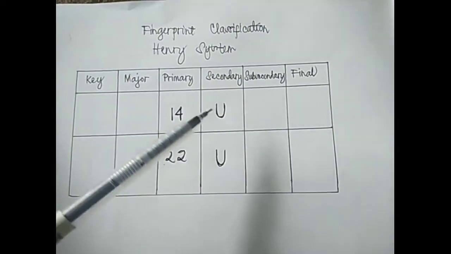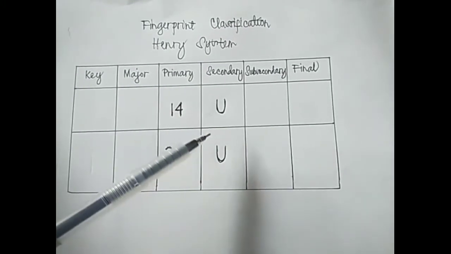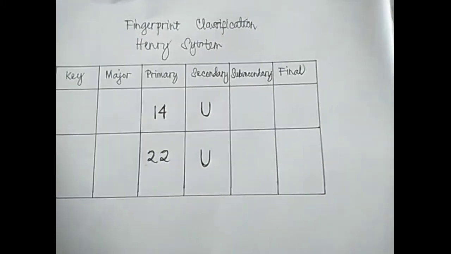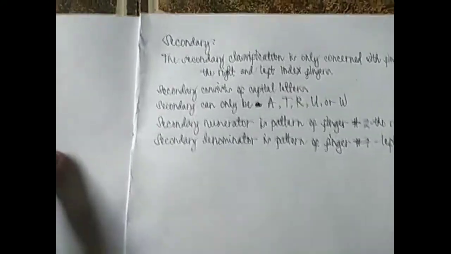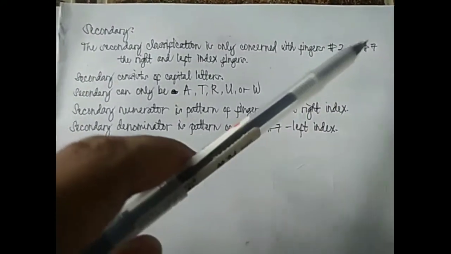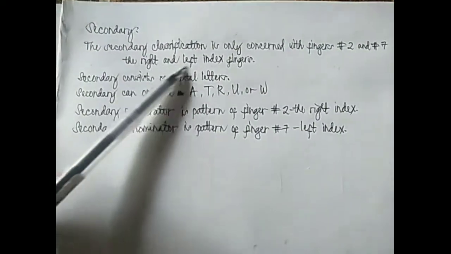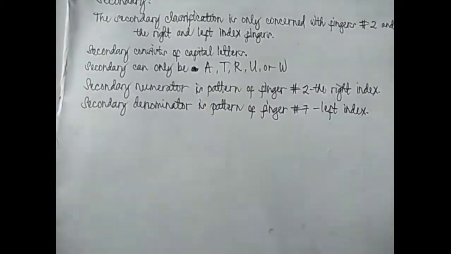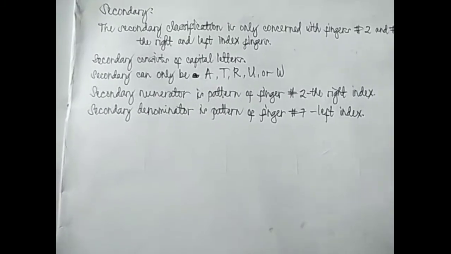So here we have capital U in the numerator and capital U in the denominator. Secondary classification is only concerned with fingers number 2 and number 7, the right and the left index fingers. So secondary consists of capital letters.